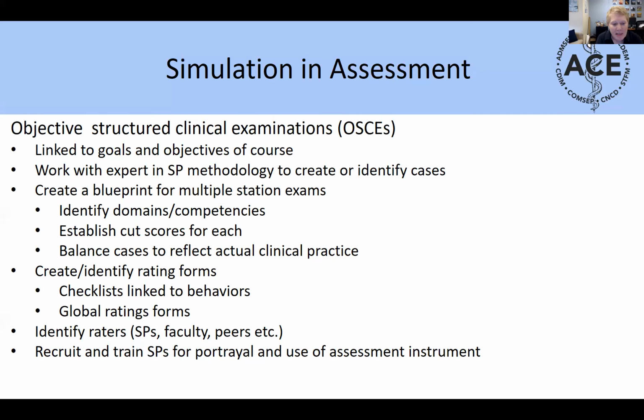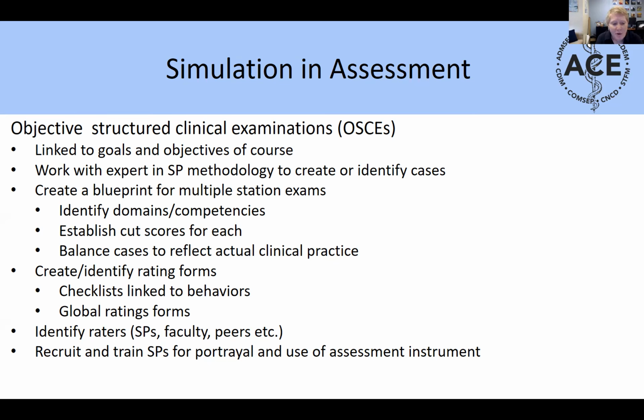And our SPs are the most common raters or assessors for our students, but you can also have faculty and peers. I think the key here is that they all need to be trained to be assessors. You have to create the shared mental model so that everyone's in agreement on what a passing score looks like.